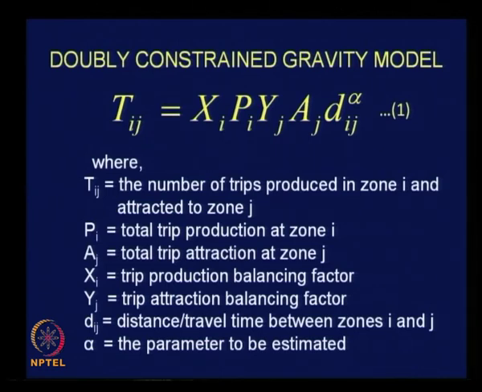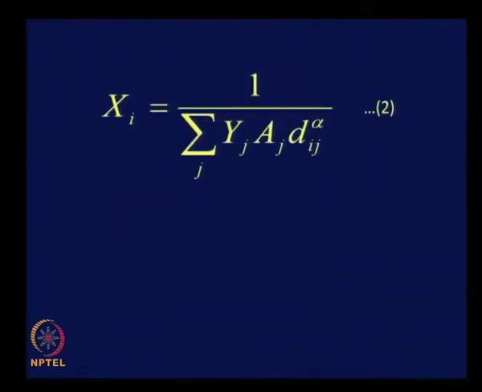Xi and Yj can be written as follows. Xi is written as 1 by sigma j equal to 1 to n Yj Aj Dij raised to power alpha, okay.